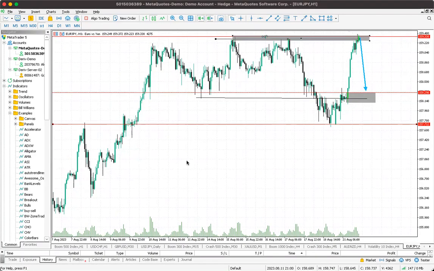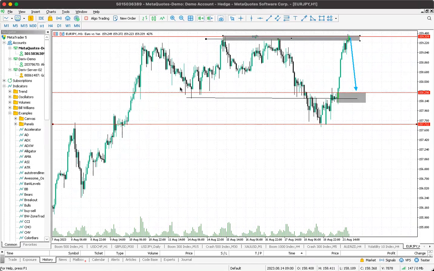Okay. Now for this, I take this as a CHoCH. What happened here as a CHoCH? Because this low is greater than the previous low, you understand? So that's more or less like, where is it? Yeah. Okay.